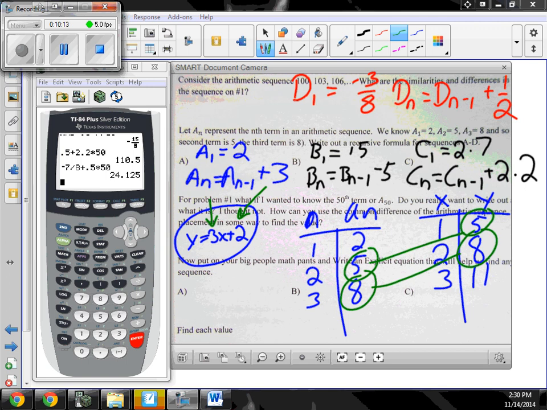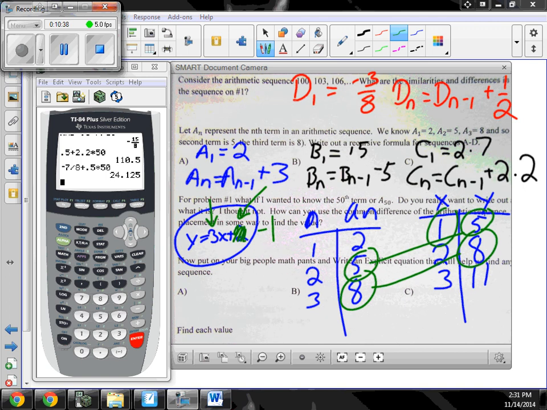So I used a sub 1 instead of a sub 0. Well, I don't know a sub 0. They didn't tell me. So how do I calculate a sub 0? You take one common difference away from a sub 1. So a sub 1 is 2, which means a sub 0 is negative 1. So if I subtract 1 here, now they match.